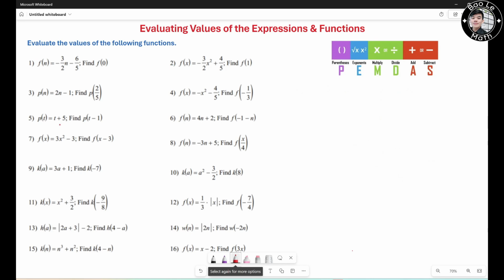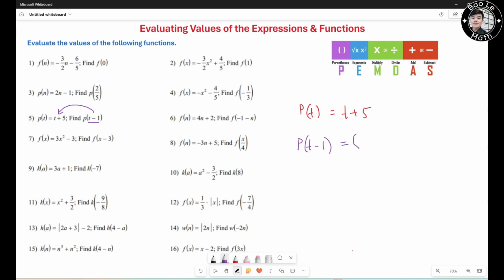Now question number 5. We have P of t equals t plus 5. Now we need to solve P of t minus 1. So we need to substitute t minus 1 for t right here. So P of t minus 1 is going to be parentheses.